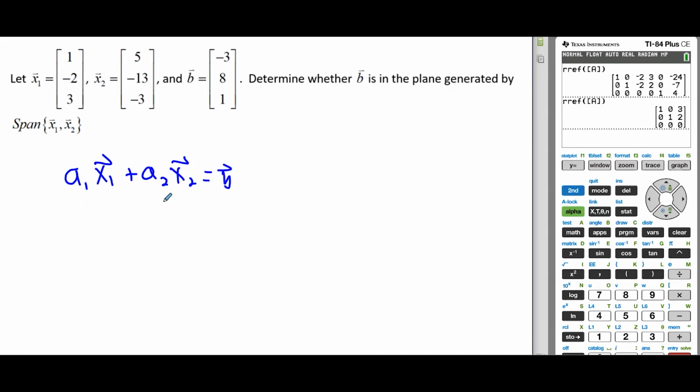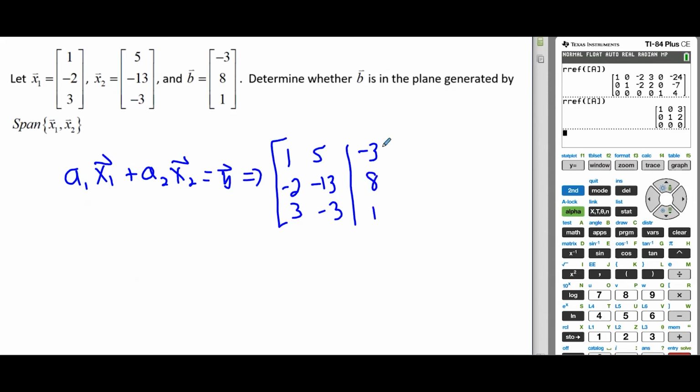And we just learned in vector equations that we can rewrite this as the system x1, x2 augmented with b, and we're solving for these variables a1 and a2. So again, I'm going to use my calculator.